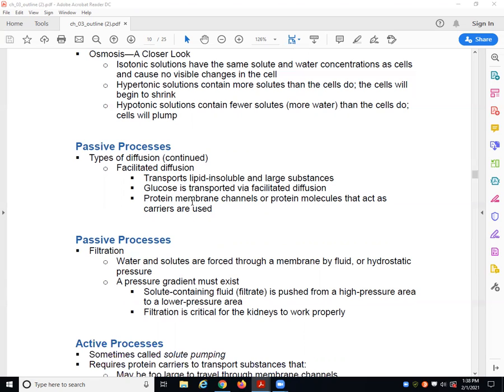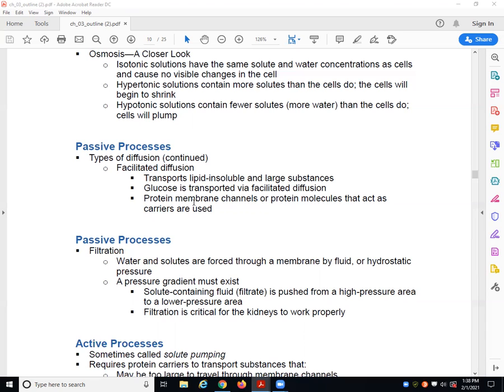And we've got filtration. With filtration, water molecules and solutes actually get forced across by pressure. We call that hydrostatic pressure, so it's fluid pressure. But you have to have a pressure gradient, which means the pressure is higher on one side than the other.